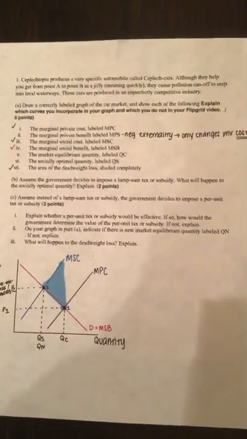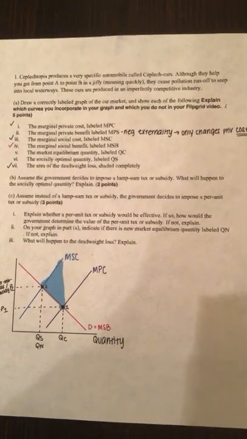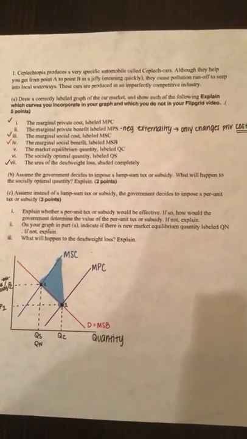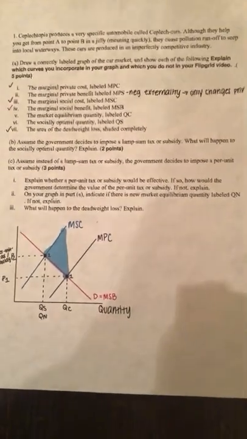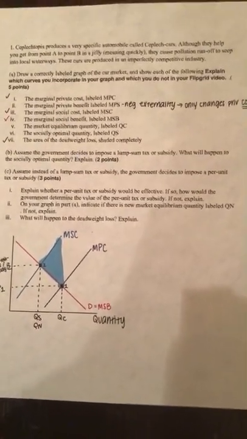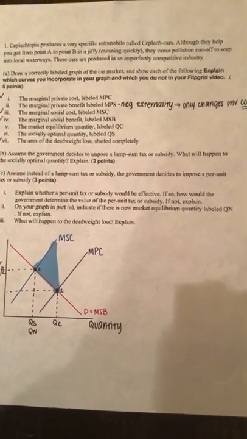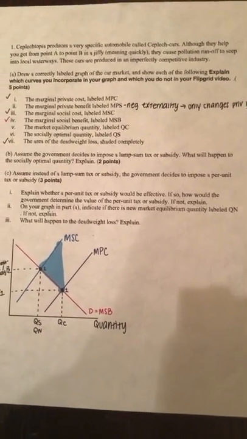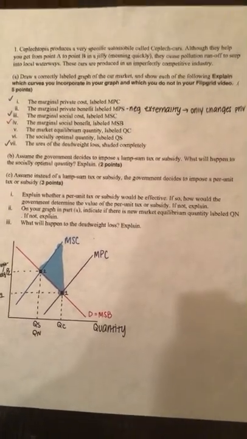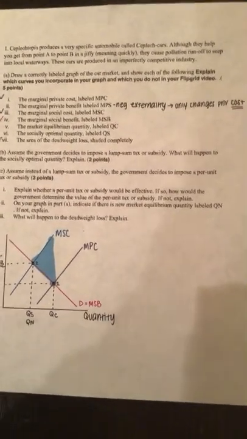Part C says, assume instead of a lump sum tax or subsidy, the government decides to impose a per unit tax or subsidy. Explain whether a per unit tax or subsidy would be effective. If so, how would the government determine the value of the per unit tax or subsidy? If not, explain. I said a per unit tax would be effective.